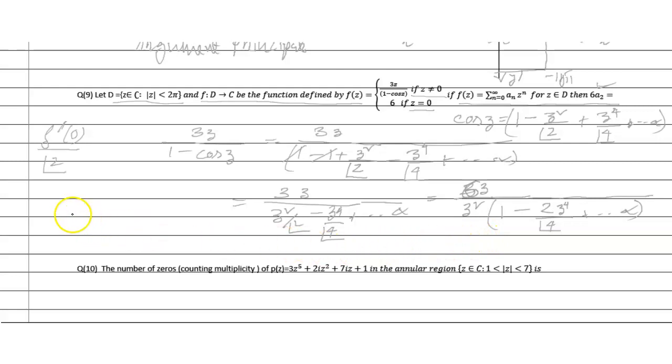So whatever value I get is 6 divided by z times 1 minus 2 z square divided by 4 factorial plus up to infinity. This is my value, friends.